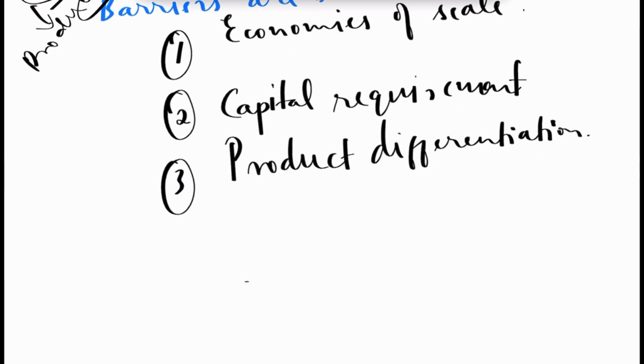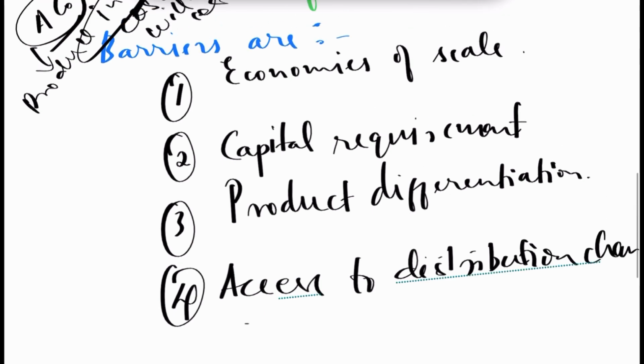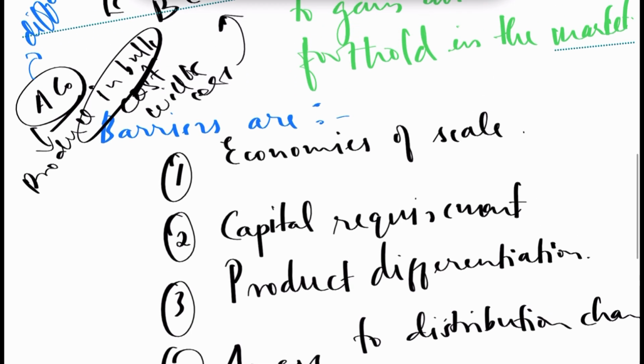Then fourth one is access to distribution channel. Okay, new entrants will be restricted to access the distribution channel, because there will be a contract between the A company and the distribution channel.